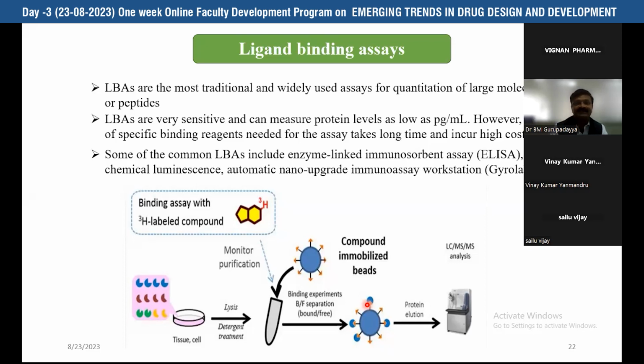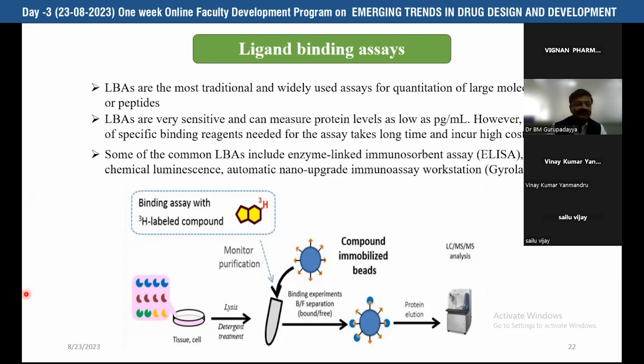And in this case, there are methods like ELISA, electroimmunoassays, or an automated nano immunoassay workstation, where we are going to subject the sample to a technique.